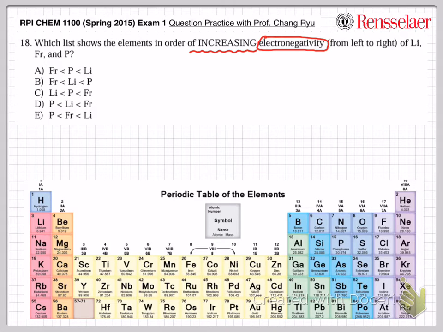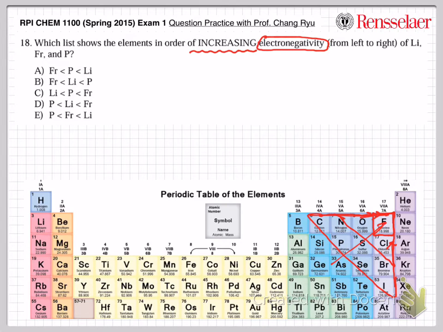The element that has the largest electronegativity is fluorine, and the order goes this way. You can think of it as something that looks like a triangle.